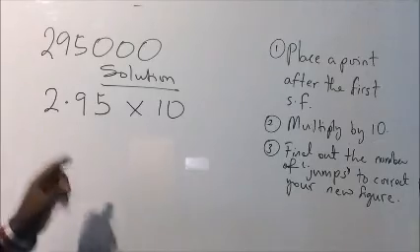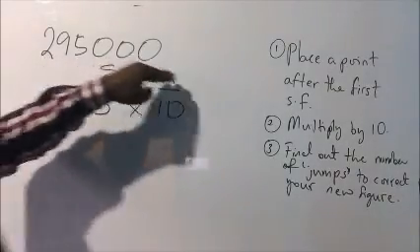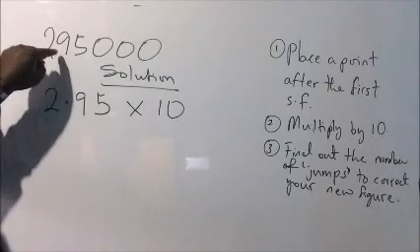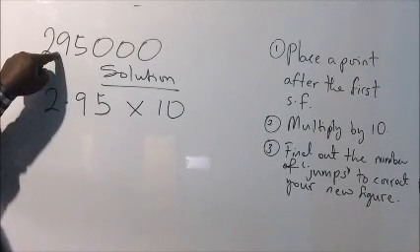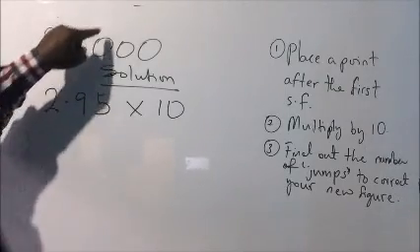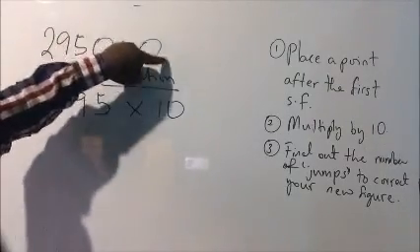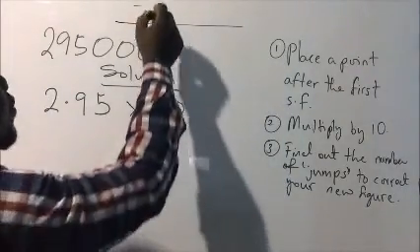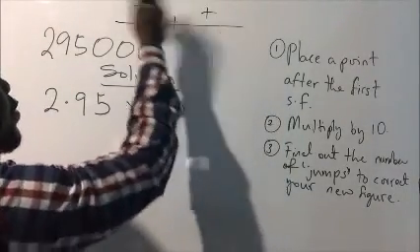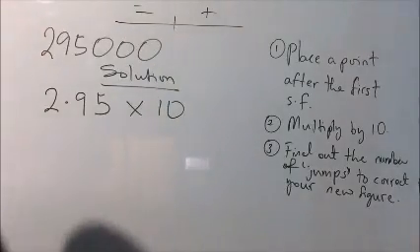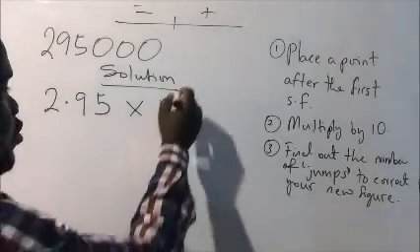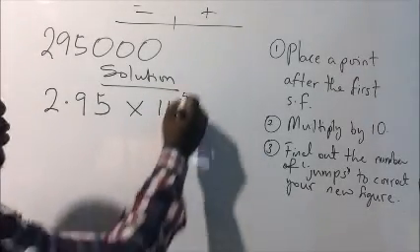I went to the actual number they gave me, placed my hand where I placed the point, and now moved to the correct place: 1, 2, 3, 4, 5. And like the number line, if you move to the right, it's positive. If you move to the left, it's negative. So moving to the right 5 times makes it positive. So I write 5.